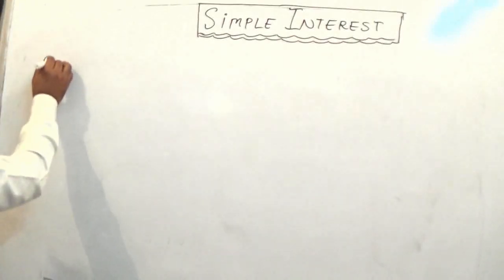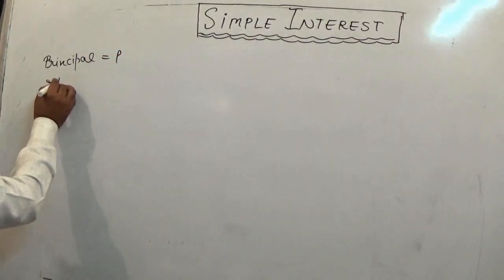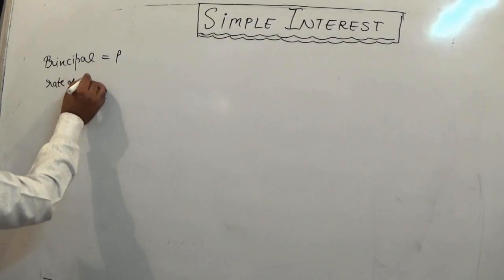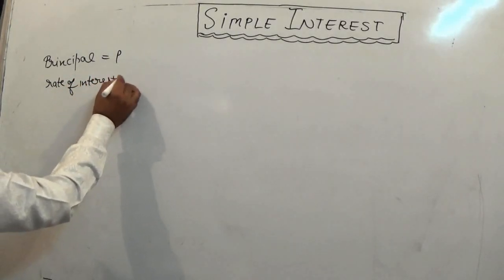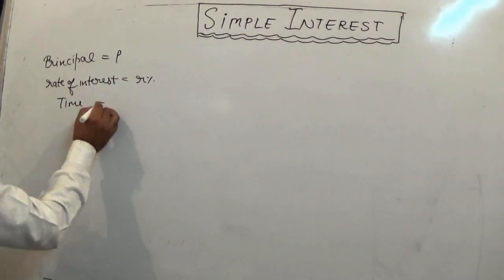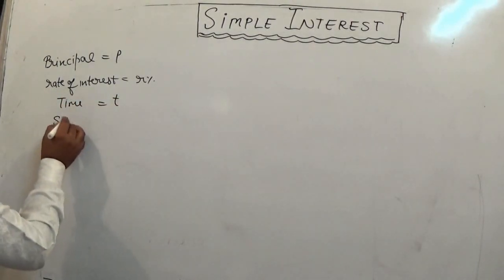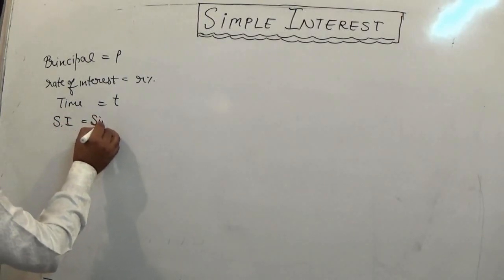The first term that we use is principal, which is taken as P. Rate of interest, which is taken as R%. Time, which is taken as T. Then SI, which means simple interest.